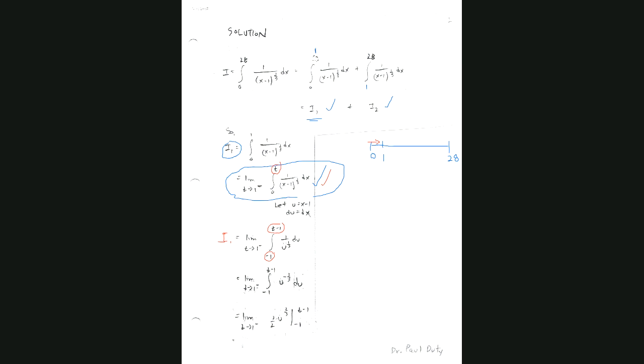And then this is just standard integration. Okay, so write 1 over u to the third as u to the negative 1/3. And then the antiderivative of u to the negative 1/3 is 3/2 times u to the 2/3. How many can kind of do that in their minds now? You'd have to be able to, right?